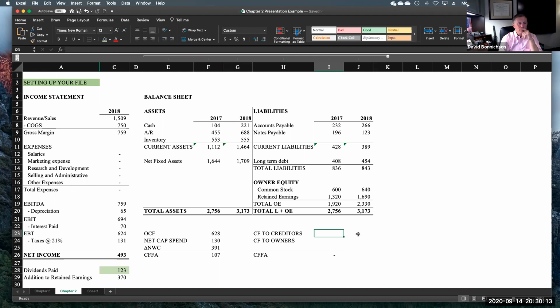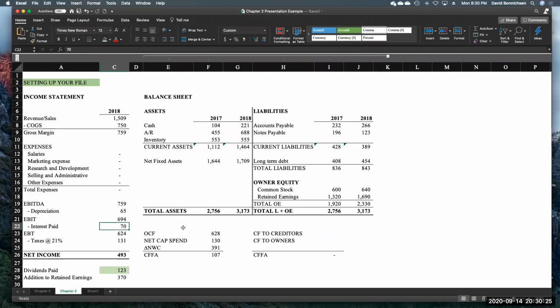There's only one in this case. The people that we borrowed money from. Interest paid.